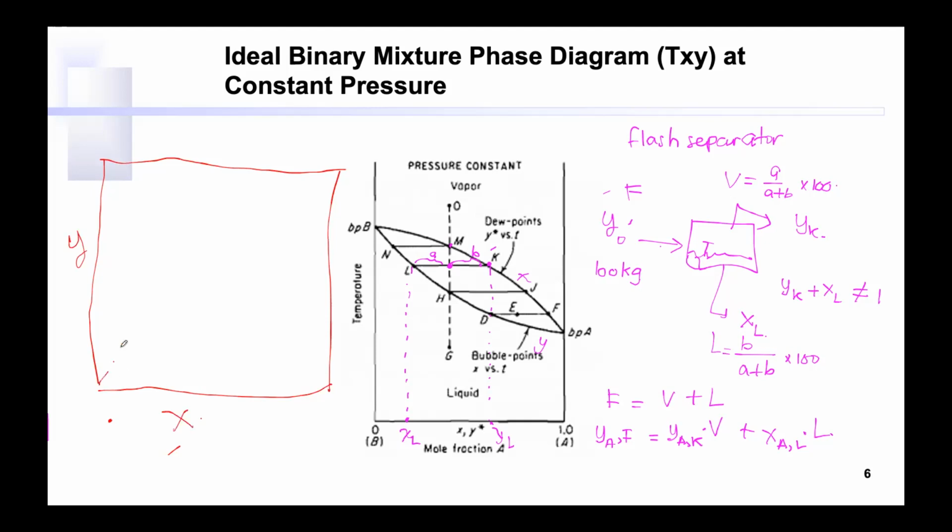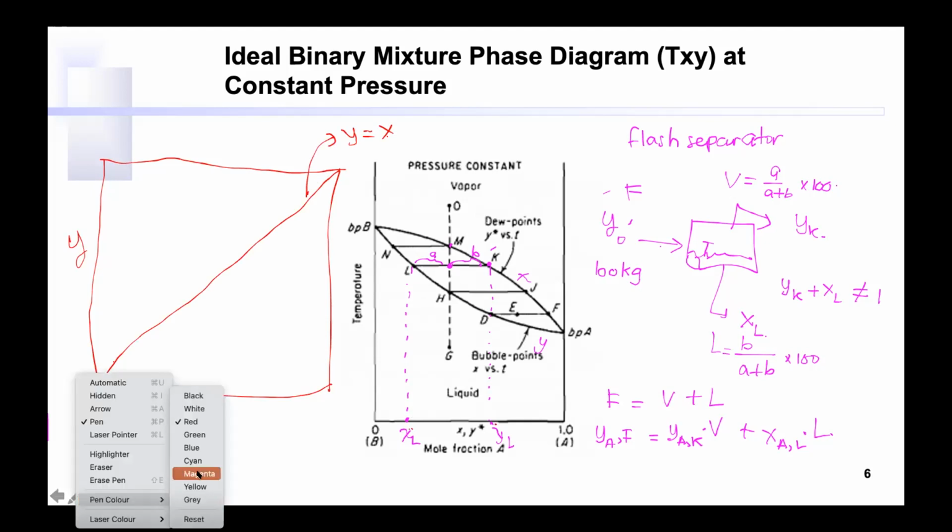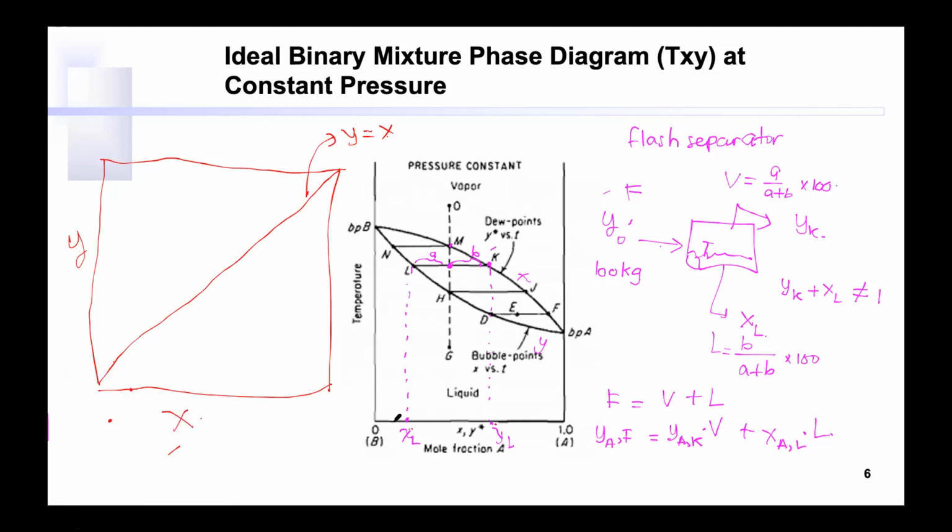This is the line that tells you that X equals Y, like a control graph. So this is Y equal to X. For example, this is the X, this is the Y. If I have the X here, like the magenta, I'm going to use estimation. Sometimes on the whiteboard I use my hand to try to estimate how much it is.